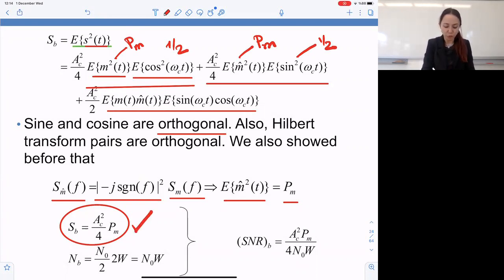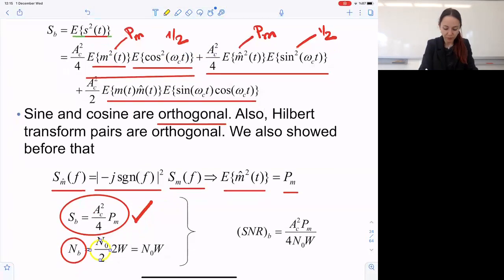And how about the noise power? Now, this is not interesting yet, I think, because we're talking about the noise power in the message bandwidth. Remember, this is SNR_B. I think SNR out is more interesting. SNR_B is simple. It's the same exact computation as double sideband. So we have N_0 over 2, of course, the AWGN PSD.